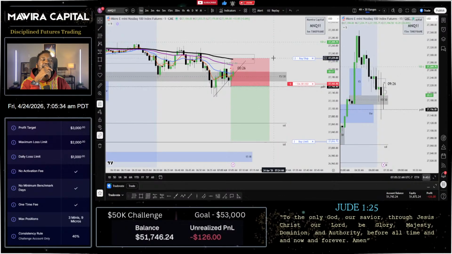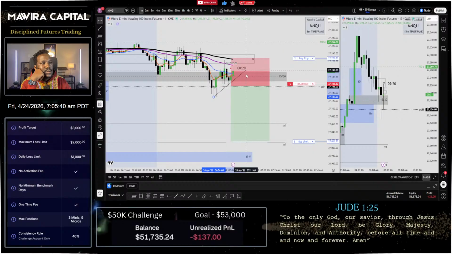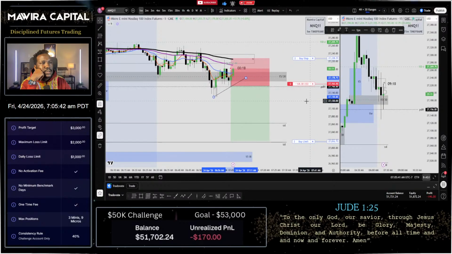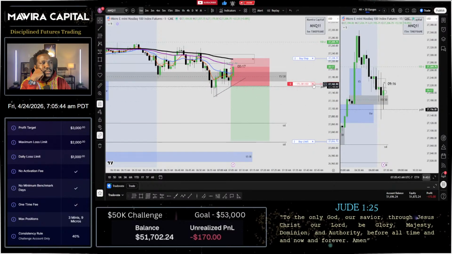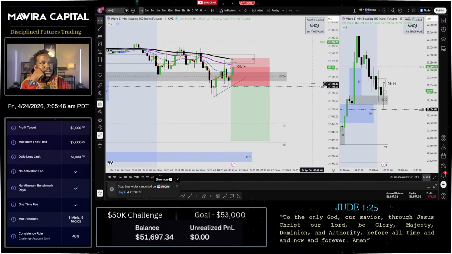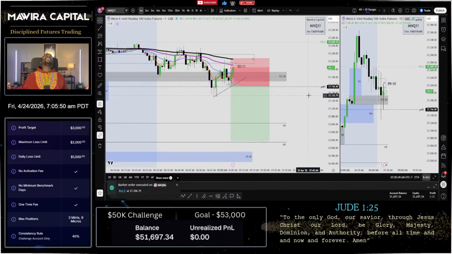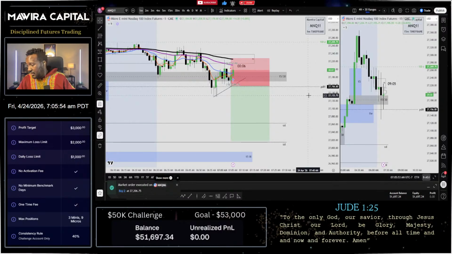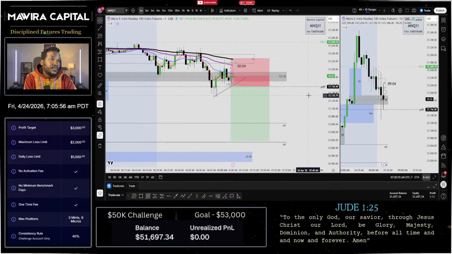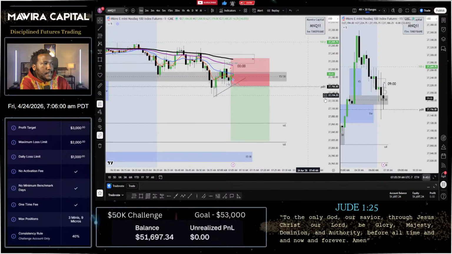$70. Can I close here and re-enter? You know what? I'm gonna get out early. Already lost 173. I got my equity down to 697. That was a bad trade, y'all. I could have just submitted anyway.